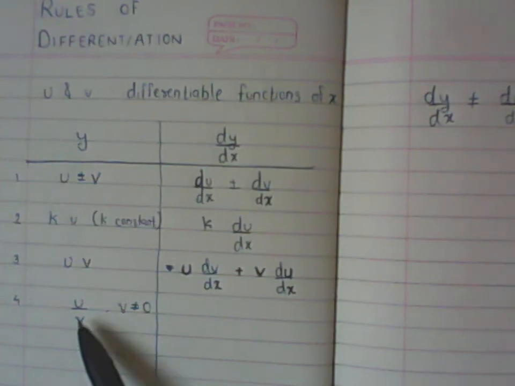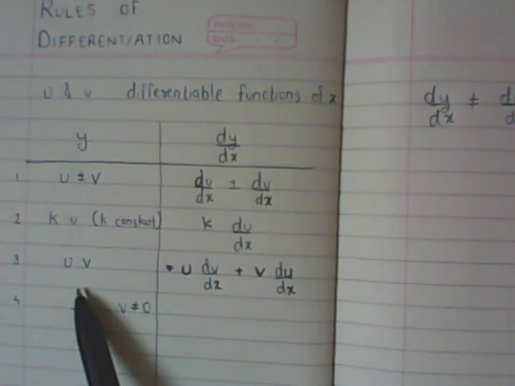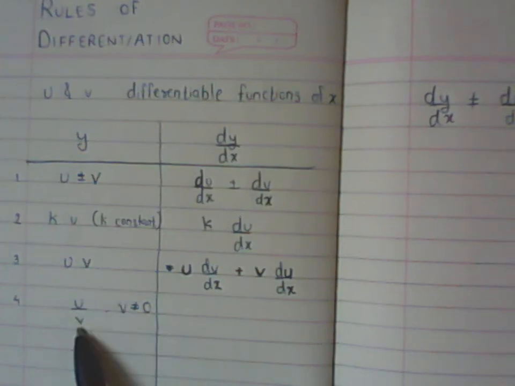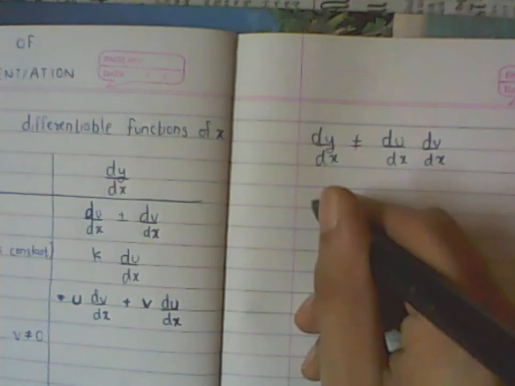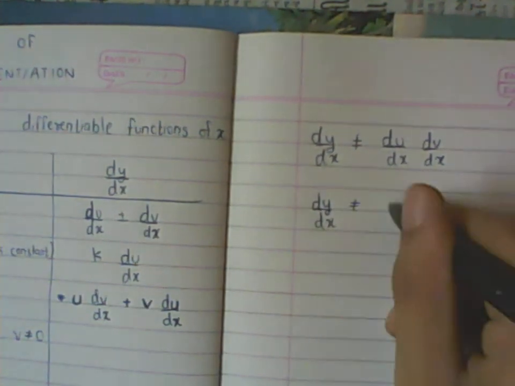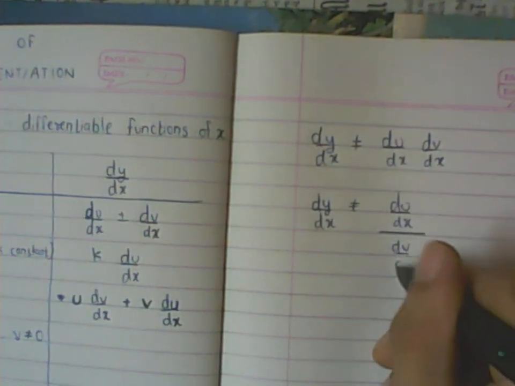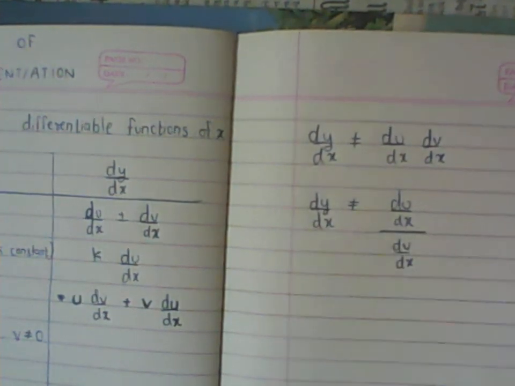This can be found using the product rule as well. But let's say we don't know that for now. So in that case, the derivative of this function is, again, I'll tell you what that is not. In that case, dy by dx is not equal to du by dx upon dv by dx. This is not the case.